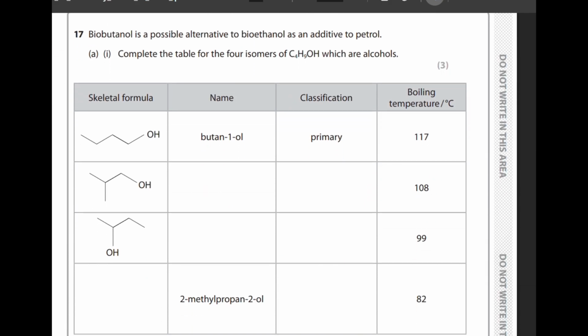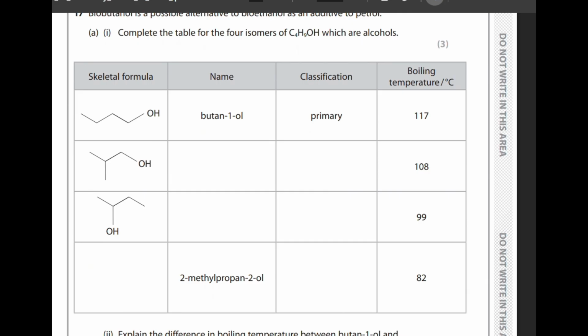Now question number 17, part A 1. Write the name of the compound. The first compound given is butan-1-ol, a primary alcohol, and the boiling point is 117. For the second skeletal formula, you need to count the carbons: 1, 2, 3.